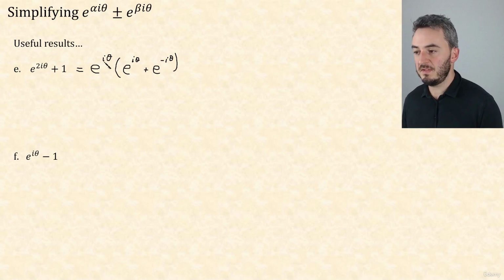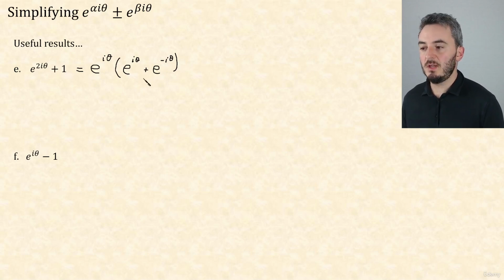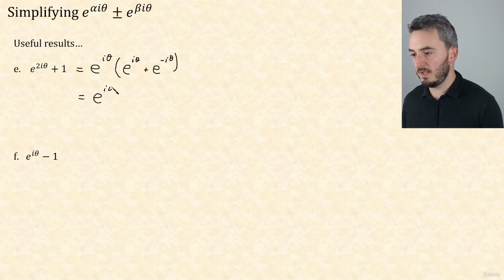Because look, e to the i theta times e to the i theta is e to the 2i theta, and e to the i theta times e to the minus i theta is 1. And what we have in here is 2 cos theta. So I have e to the i theta, and I have 2 cos theta.